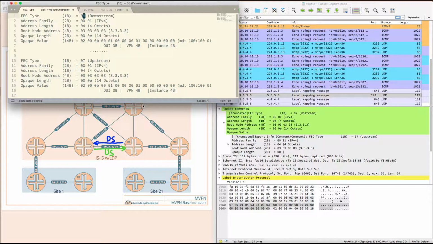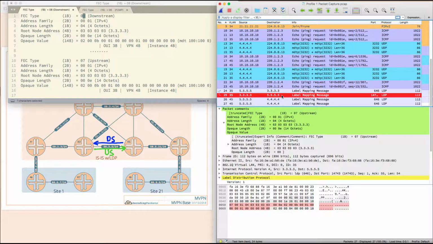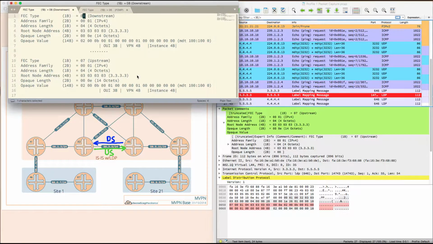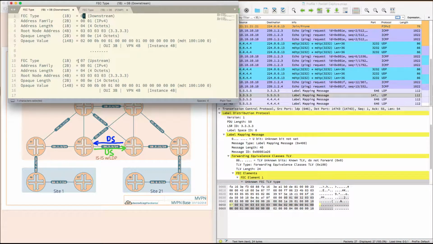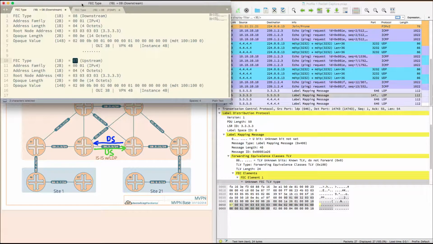So just look at the packet comments and you would see the same information there. And I'll try to include the text file there as part of the packet capture as well. But the only difference, literally the only difference here between the upstream and the downstream FEC, so down here, is this 07. Because 07 is an upstream FEC type, whereas 08 was a downstream FEC type.